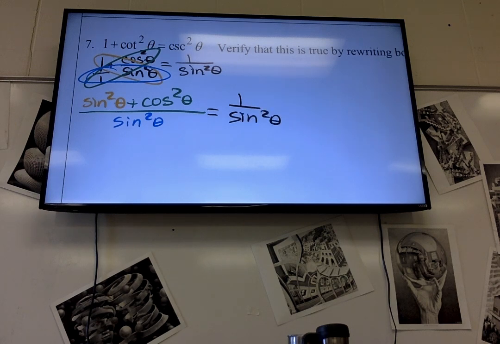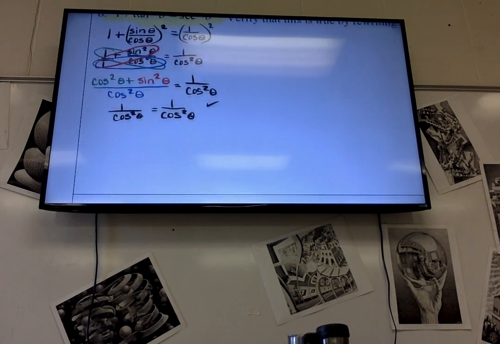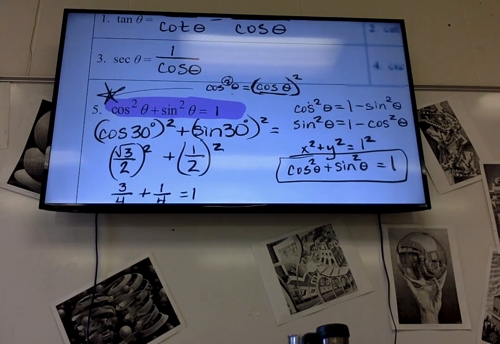And then what happens on top? You add cosine squared plus sine squared. Yep. And you get 1. Sine squared plus cosine squared is 1. It doesn't matter the order because when you're adding, it doesn't matter. Okay, so that's why we got 1 over 5. Yes.